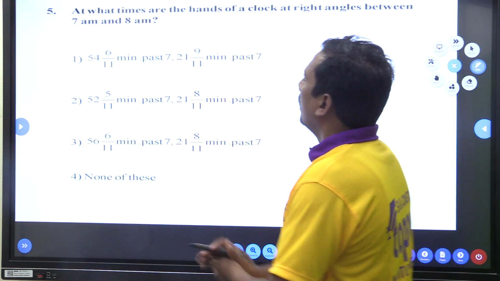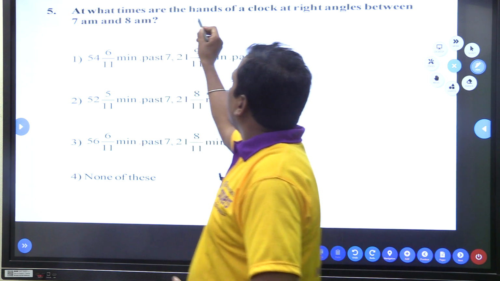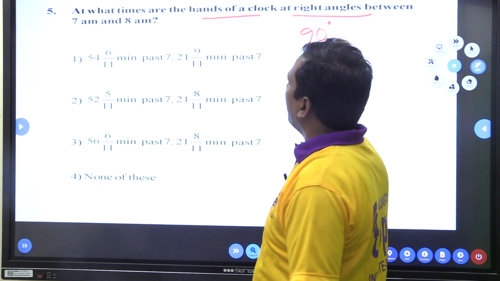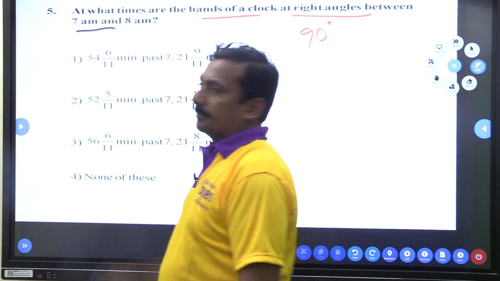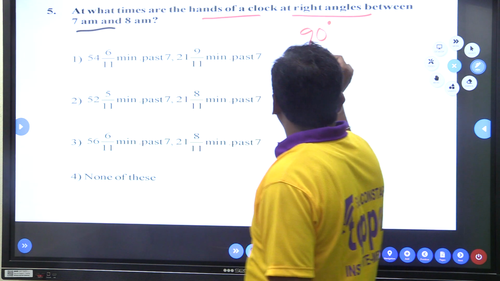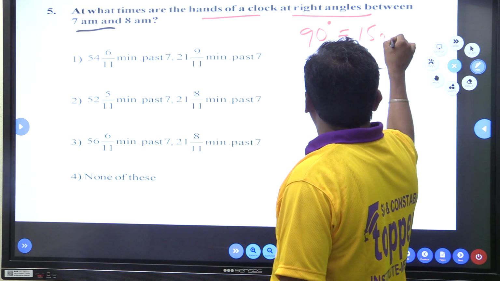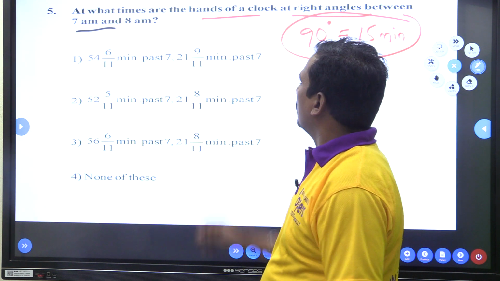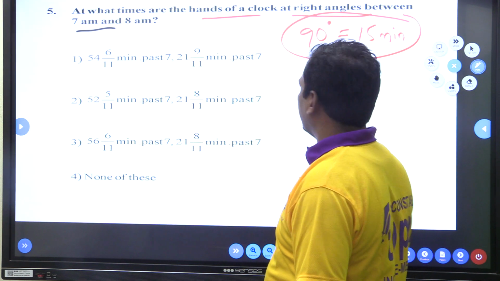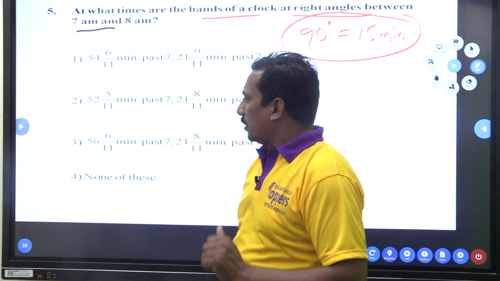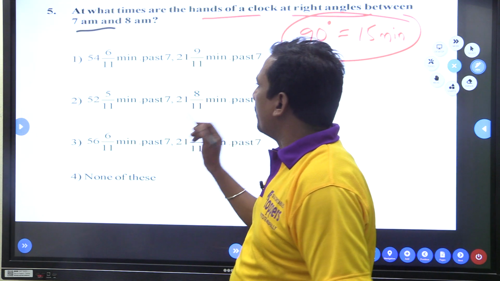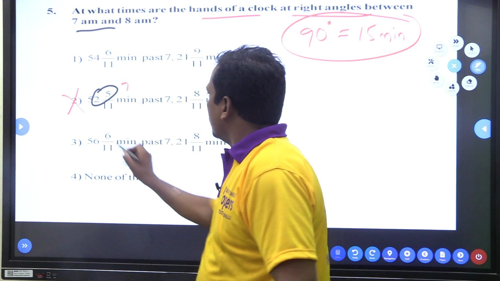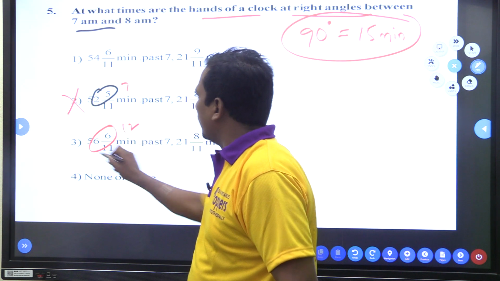Next one. At what time are the hands of a clock at a right angle? Right angle means 90 degrees, between 7 and 8 a.m. So here 90 degrees is equal to, as I gave in the notes, 15 minutes. There are 2 shortcut methods. First of all, you go to the sum method. 2 plus 5 is 7, a wrong answer. 6 plus 6 is 12, a wrong answer.